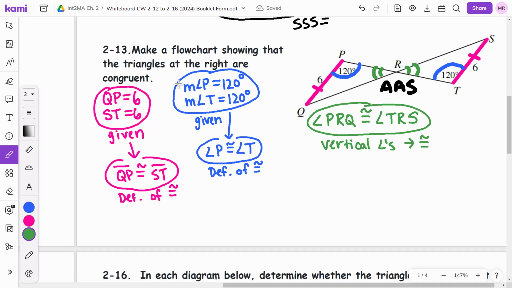So now looking at that picture, I have my angle, side, angle, all of those in my proof here.